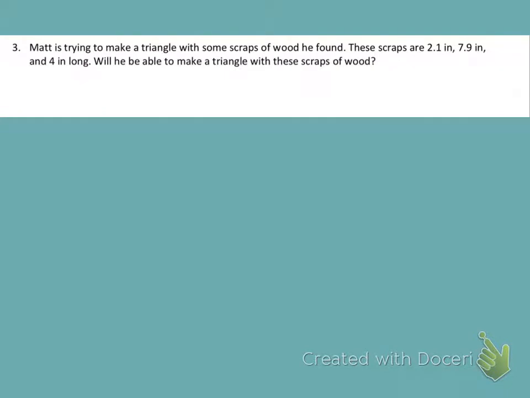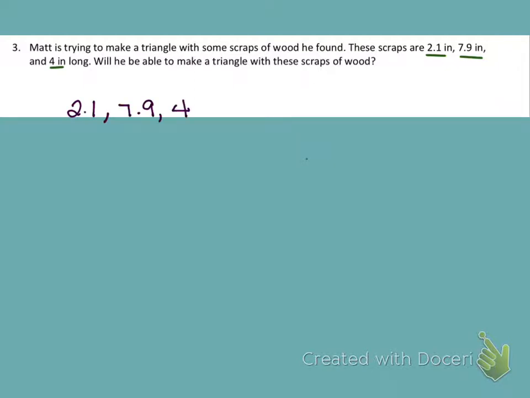Number 3 says, Matt is trying to make a triangle with some scraps of wood he found. And these scraps are 2.1 inches, 7.9 inches, and 4 inches long. Will he be able to make a triangle with these scraps of wood? So this is your triangle inequality where you have three numbers, 2.1, 7.9, and 4.